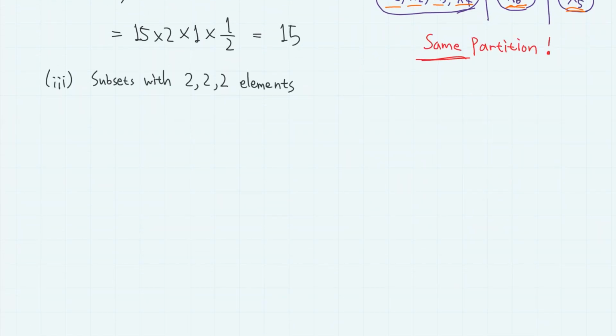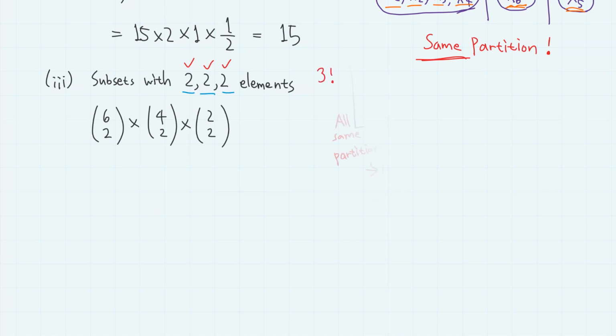In the final case, partitioning into subsets having 2, 2, and 2 elements. So from 6 elements we choose 2, then from 4 elements we choose 2, and then from 2 elements we choose 2. And we have to think about duplication. Here, 3 subsets have the same number of elements, so the same partition is now counted 3 factorial times.